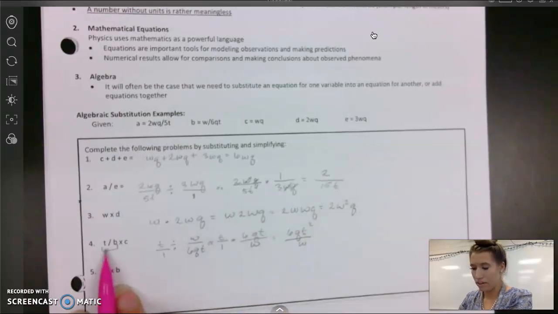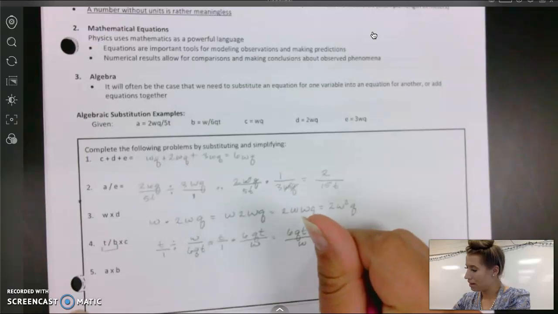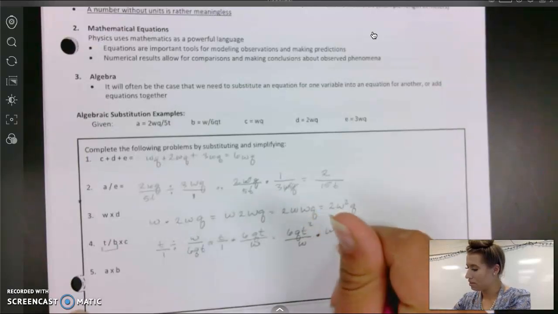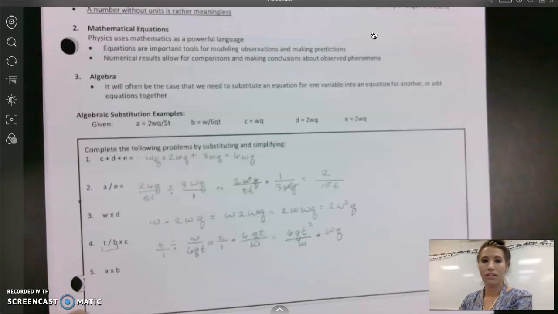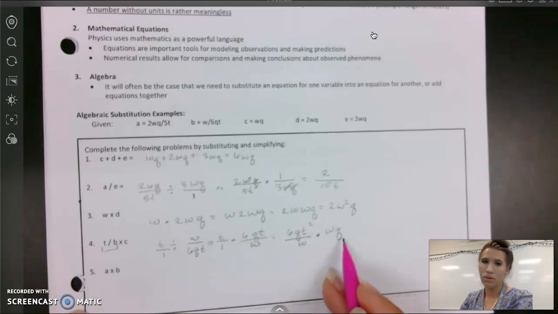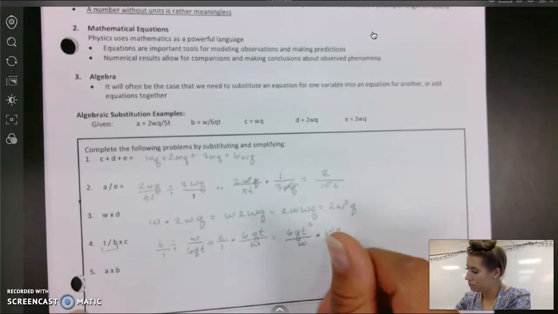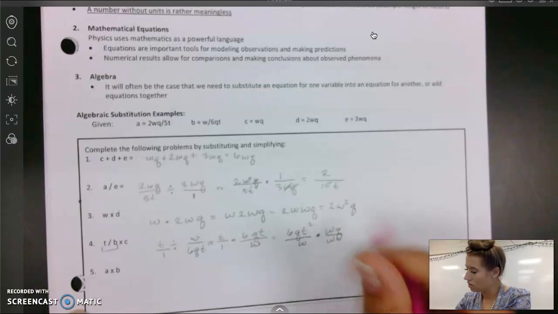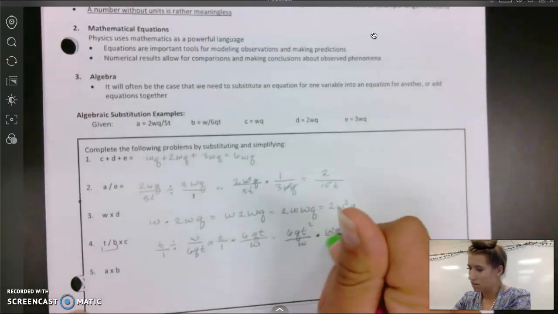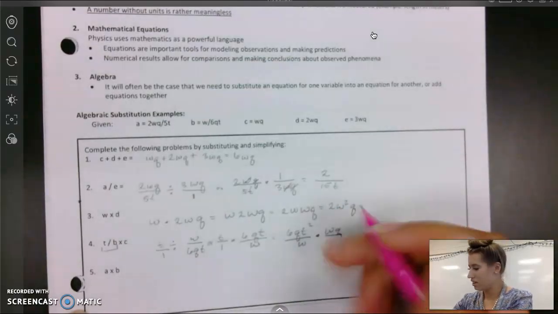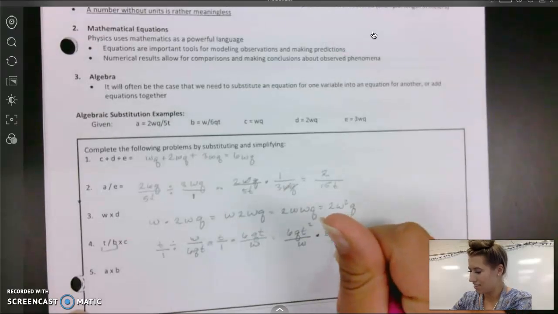Now, we figured out that value, so now we're going to take it and multiply by the C value. So multiply by C, which is WQ. Again, if it's easier to visualize, let's put that value over 1. WQ over 1 is still WQ. Mistake. Opportunity to learn something new.